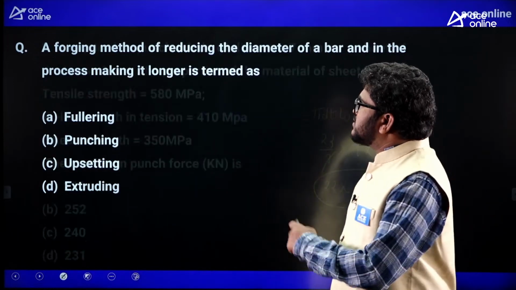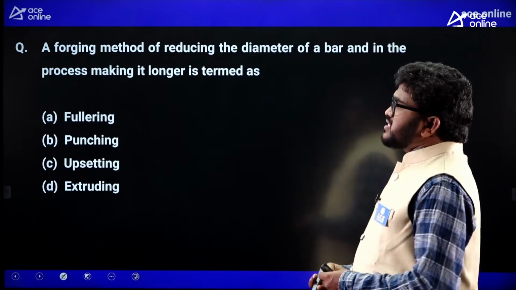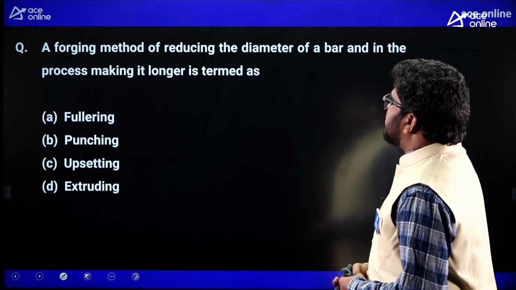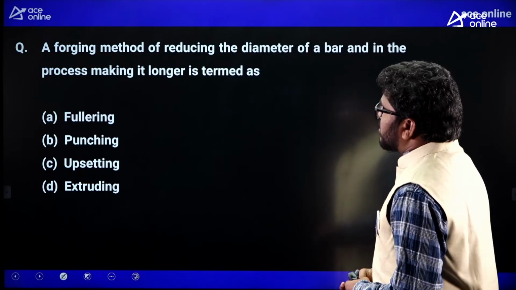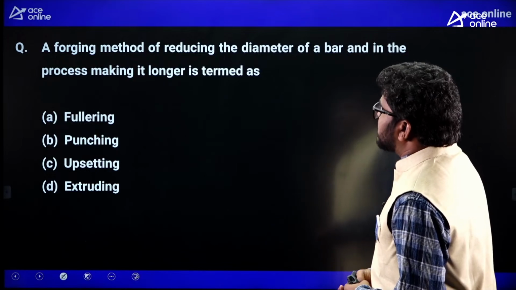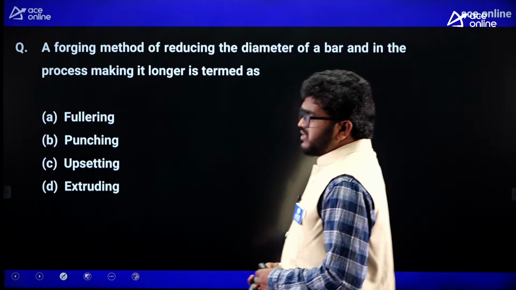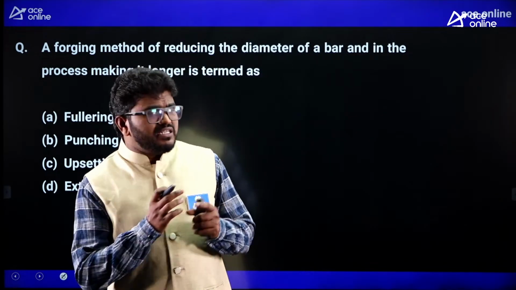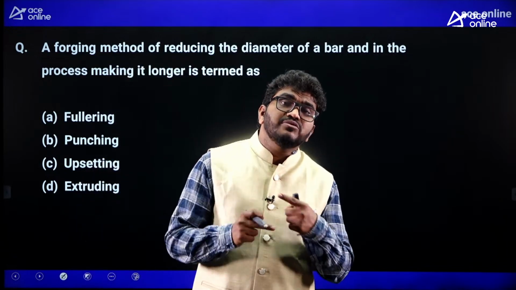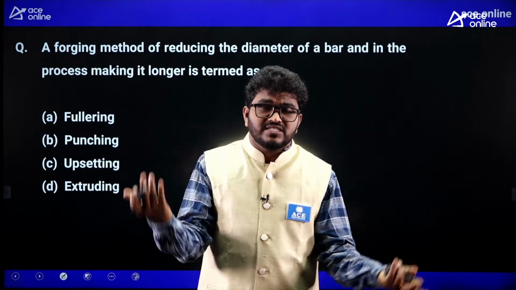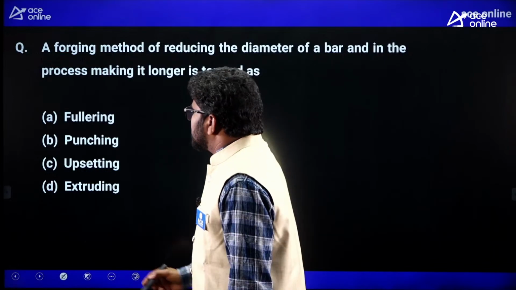Now, next question. The forging method of reducing the diameter of the bar and making it longer is termed as what? It's very simple. In this forging operation, we are reducing the diameter and increasing the length. That's nothing but a pulling out operation.